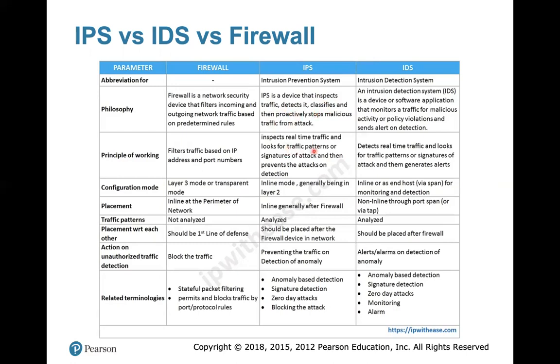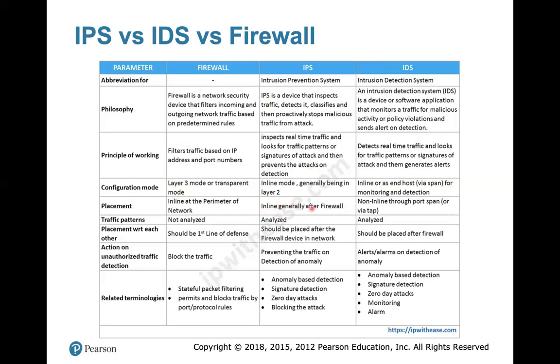Of course, the inspection is supposed to take place in real time, and it might be through anomaly detection or signature checking. And in some cases, like I said, if the administrator has already allowed it, the IPS may block some of the packets or some of the traffic.